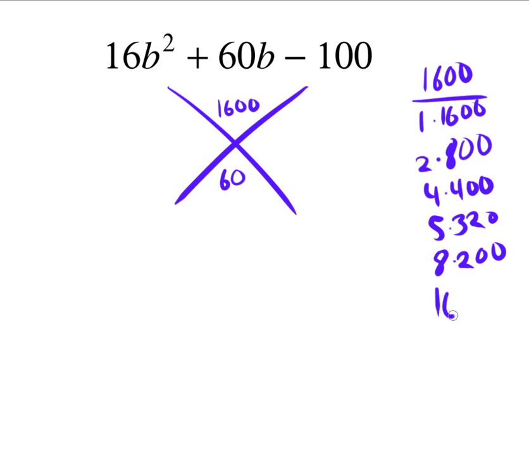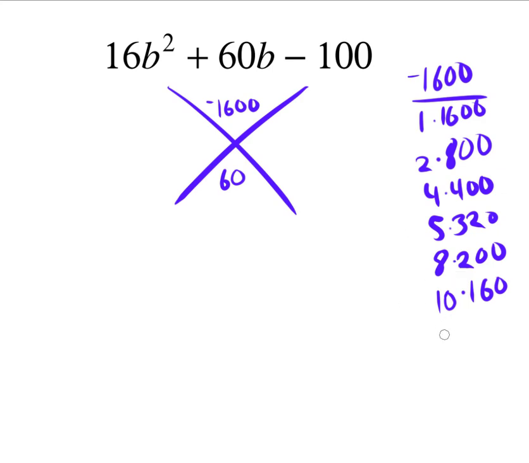That's 160, sorry. 10 times 160 would get me that, and I am getting closer to something that adds to get me 60. Remember, it has to multiply to get me negative 1,600, so one of these has to be negative.